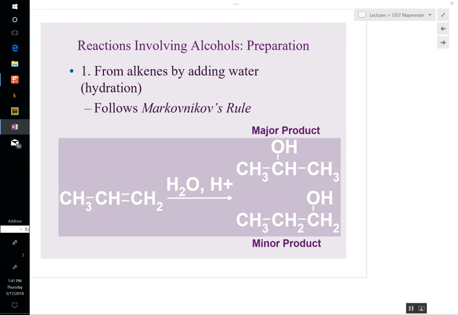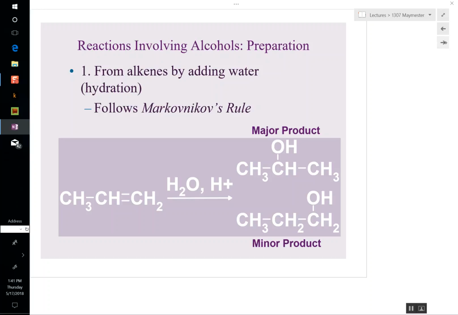That's your major product. Why? Because of Markovnikov's rule. The hydrogen is going to go to the carbon with the most hydrogens, and the OH is going to go to the other carbon. So you already know that reaction.